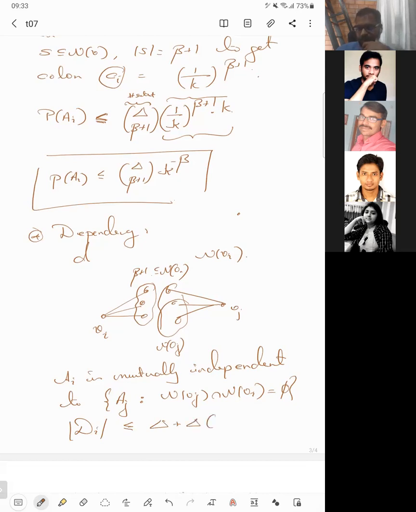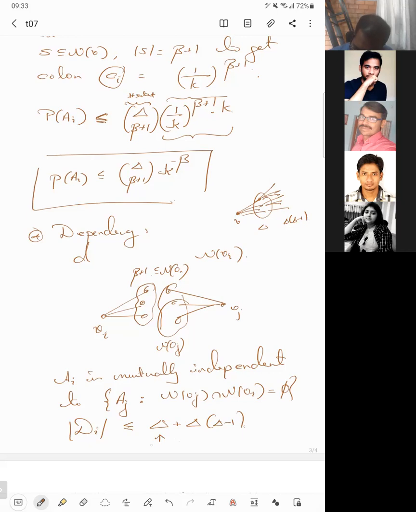Correct. What Francis is doing is, you think about a vertex V. This is delta and this is delta into delta minus 1. I would have actually not included this, but even if you include it, nothing bad will happen, because this will also reduce to delta squared only.